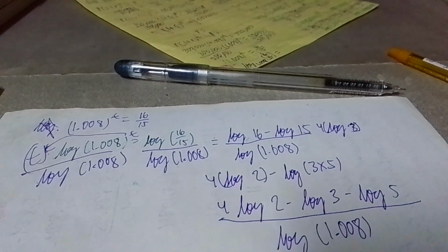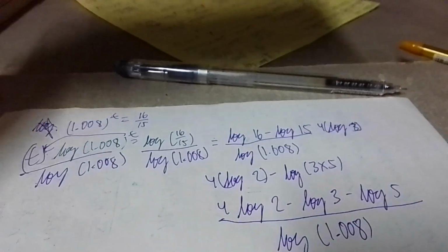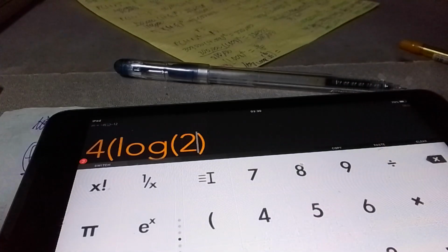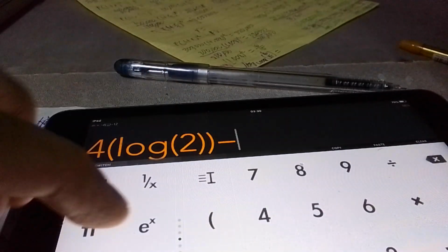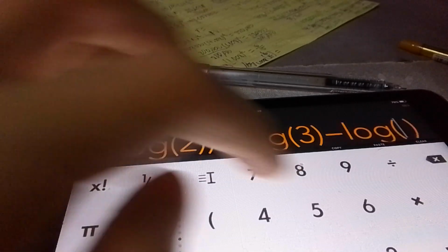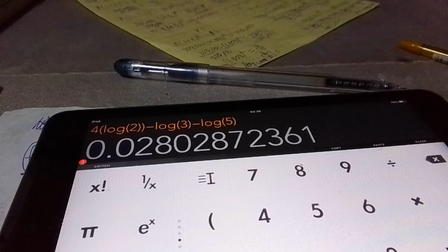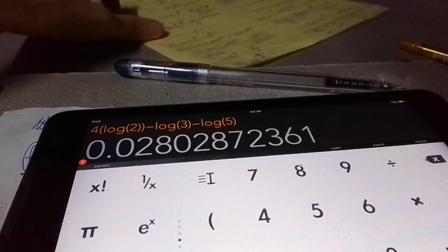And then we can already simplify this using a calculator. So let's see how we can get this answer. Remember we did here 4 times log of 2, that's being multiplied, and then minus log of 3 minus log of 5. What answer did we get? We get the answer of 0.028.